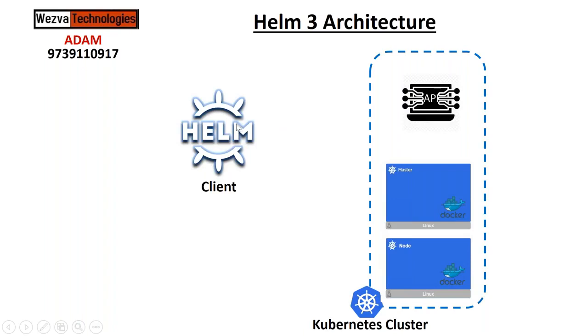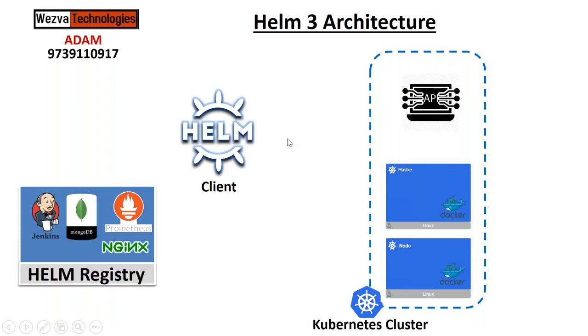And with the help of this Helm client, we are going to say what exactly is the chart that we want to install or upgrade or remove from your cluster, for which there will be a specific Helm registry available, which you need to tell to the Helm client, so that based on the repository you have told, Helm will pick a particular chart of your interest and give it to the API server of Kubernetes.